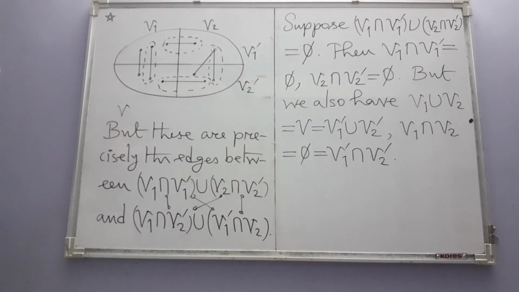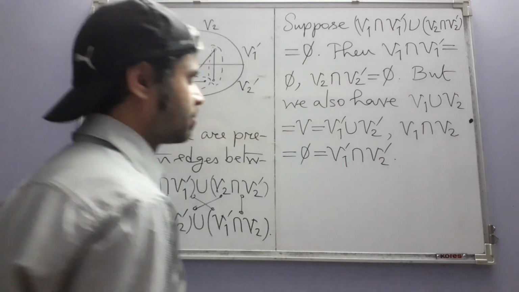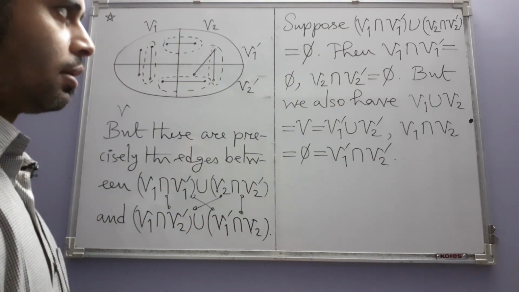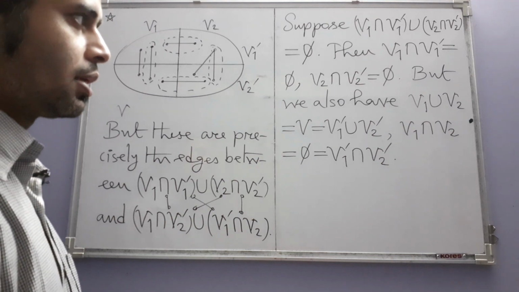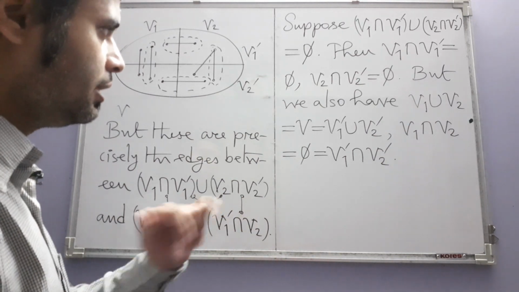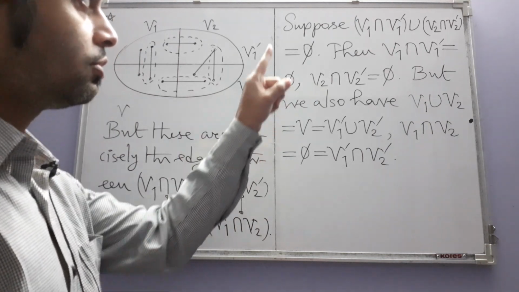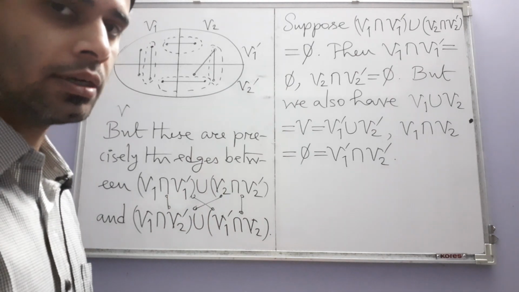Okay. Now, do you remember that we assumed that the cuts D and D prime, corresponding to which we have these two partitions, are distinct.